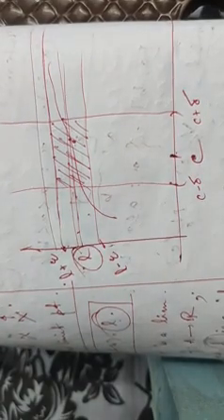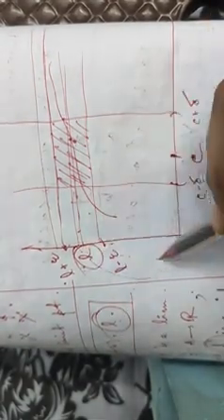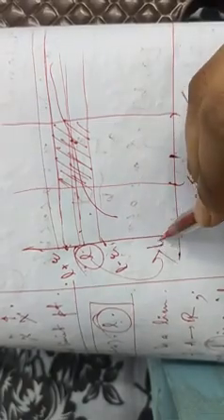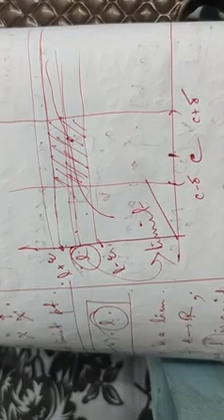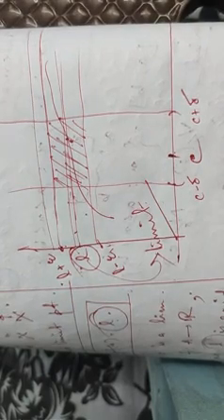If this happens, then we will say that L is the required limit. This is the geometrical interpretation of the epsilon delta definition of limit.